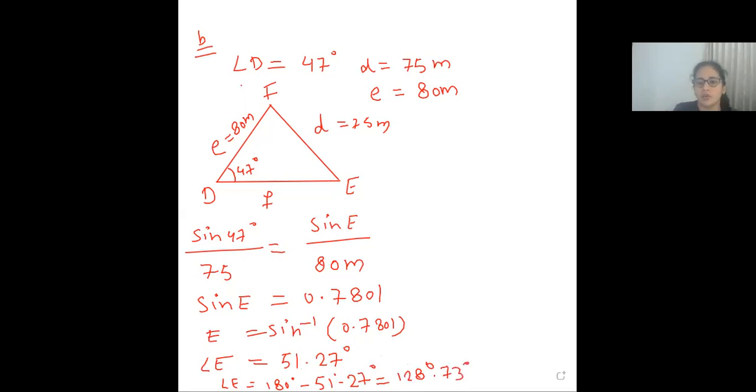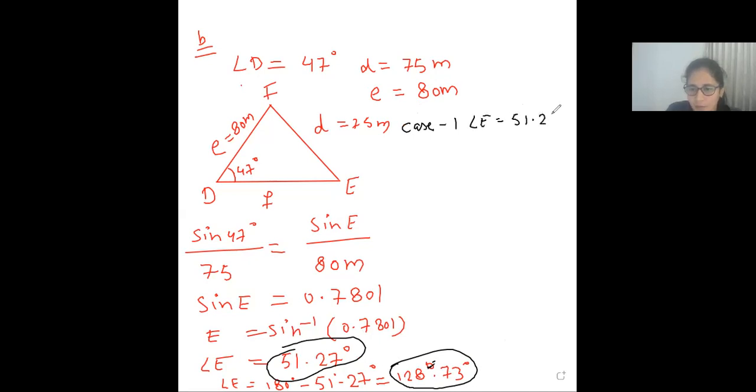So there are two values: when angle E is 51.27 degree and when angle E is 128.73 degree. So there are again two cases. Case 1, when angle E is equal to 51.27 degree, an acute angle.